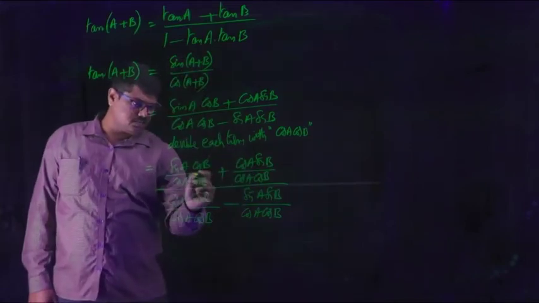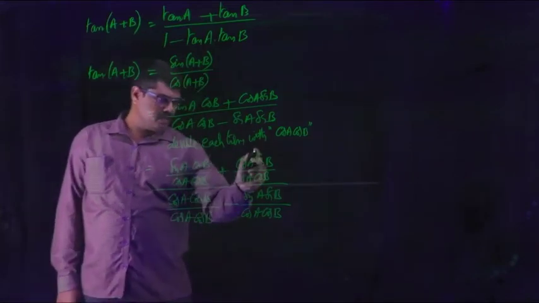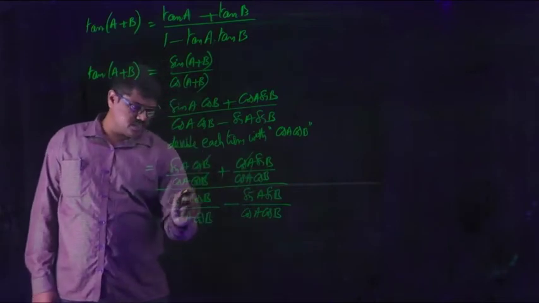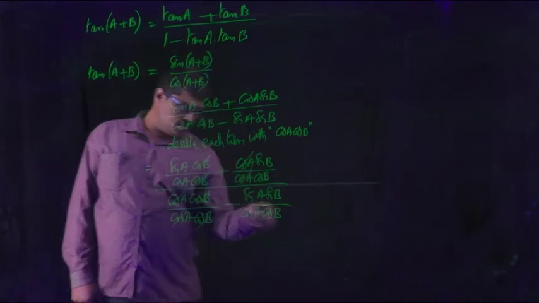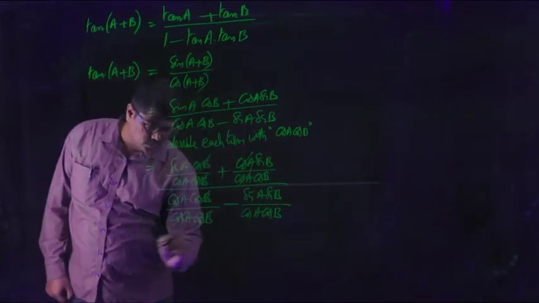Here observe cos B both get cancelled. Here cos A gets cancelled, cos B cancelled here. Here no cancellations. Now observe what are the remaining parts.